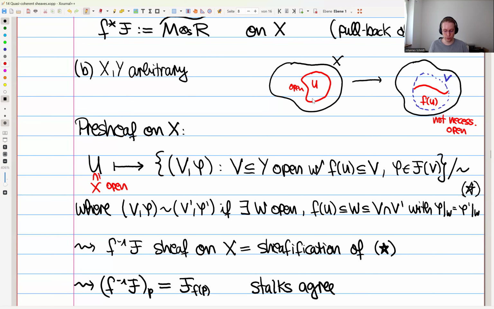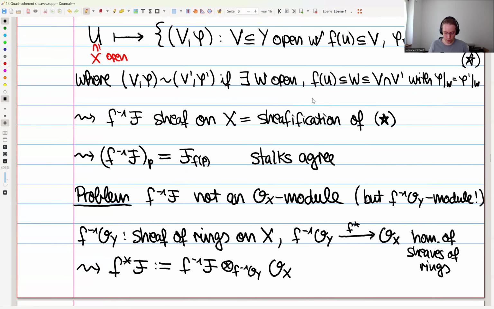This gives you a function on U. So basically, this map from f inverse of OY to OX is an equivalent way to package the data of the morphism. In the data of a morphism of schemes, you do need to specify these pullbacks, and you can equivalently specify them like this. And then we have all the ingredients assembled.